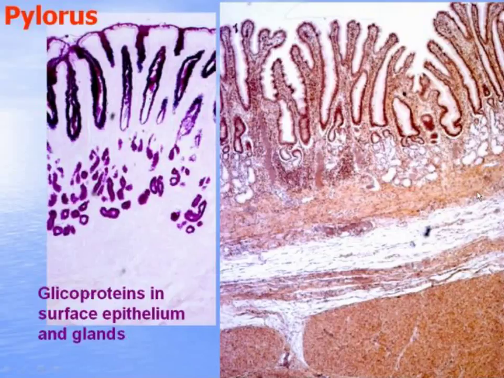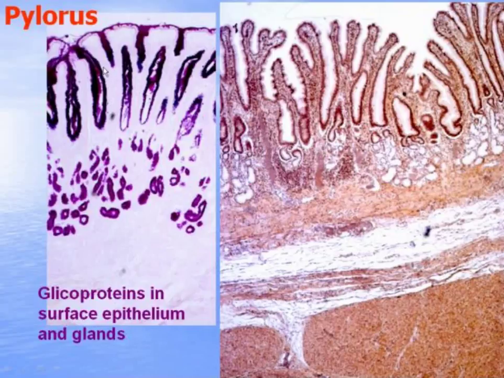This is a microphotogram of the pylorus wall: deep gastric pits and short mucous secreting pyloric glands, muscular layer, submucous layer.